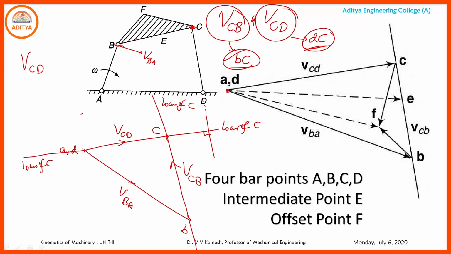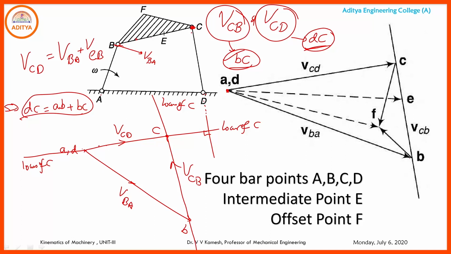Okay. How to write the velocity equation of VCD? Velocity of CD is equal to, this is in this direction, and what are the continuous vectors? VBA and VCB. So, this is equal to VBA plus VCB. That means in the diagram, DC is equal to AB plus BC.